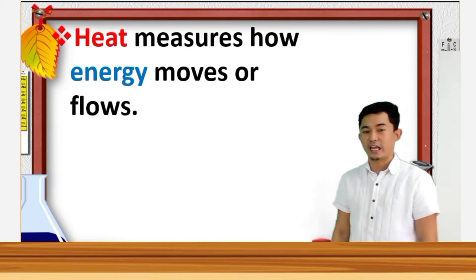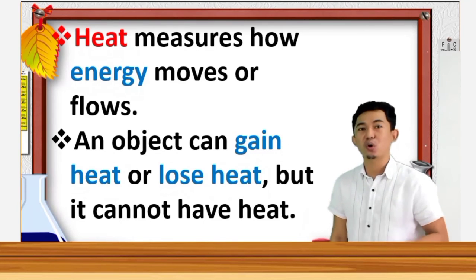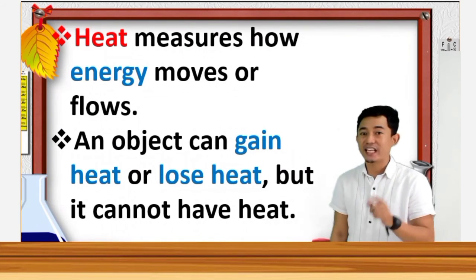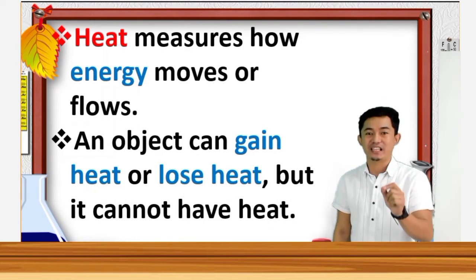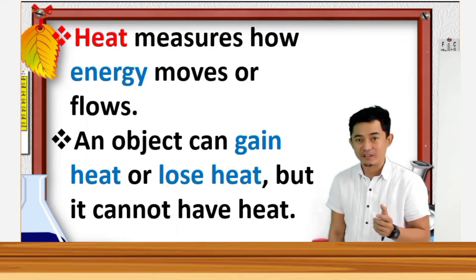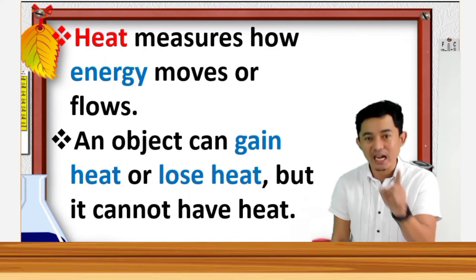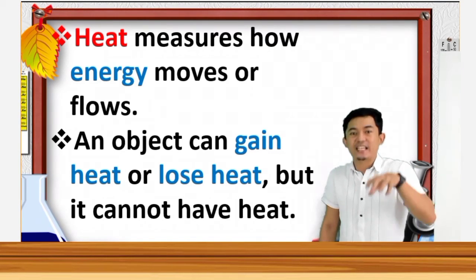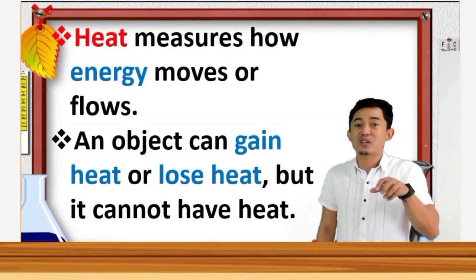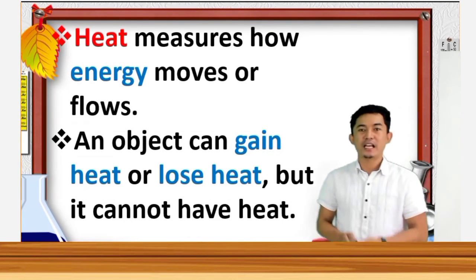Aside from this, an object can gain heat or lose heat, but it cannot have heat per se. Okay? It can gain heat or lose heat, but the object itself cannot have its own heat. So do not forget that.